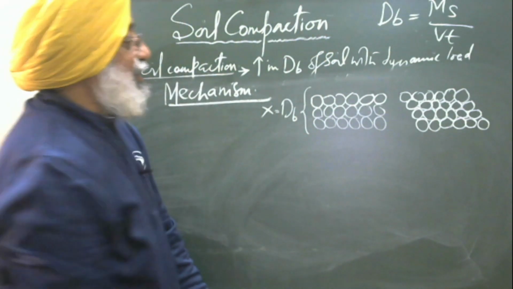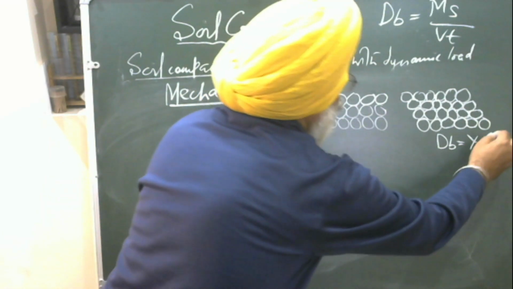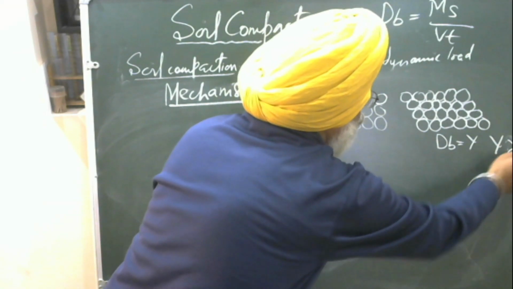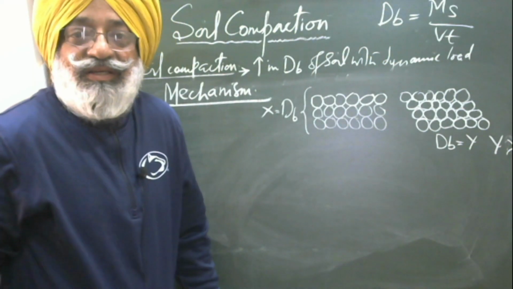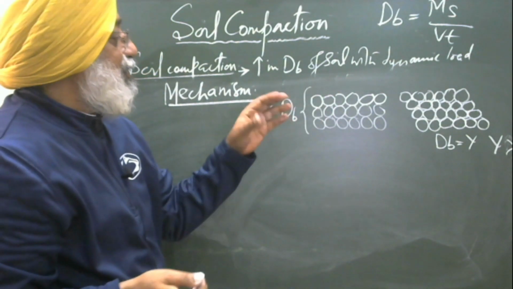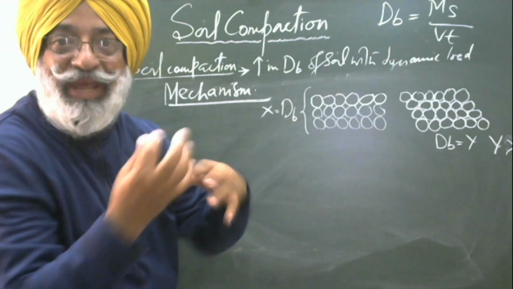Now the bulk density, say Y, is higher; Y is greater than X. So just by rearrangement of the soil particles, you have compacted the soil. Here the particles are now closely packed.